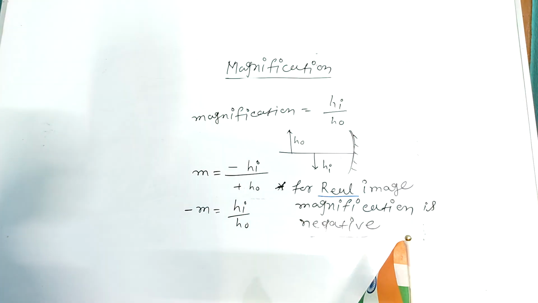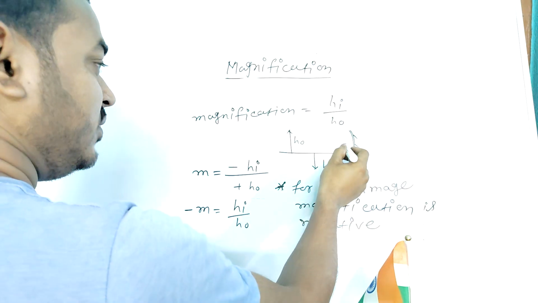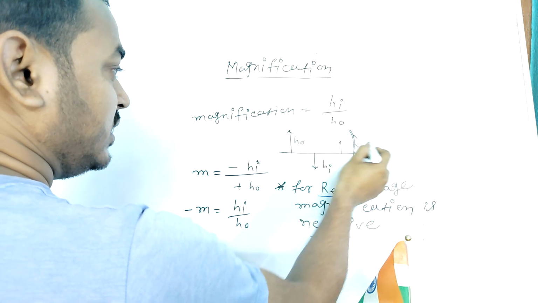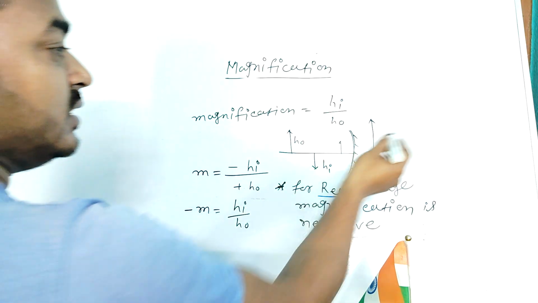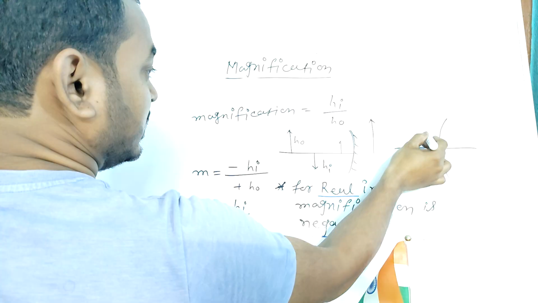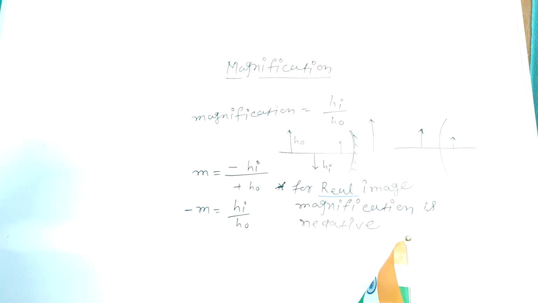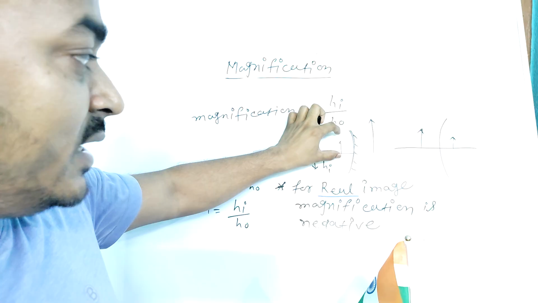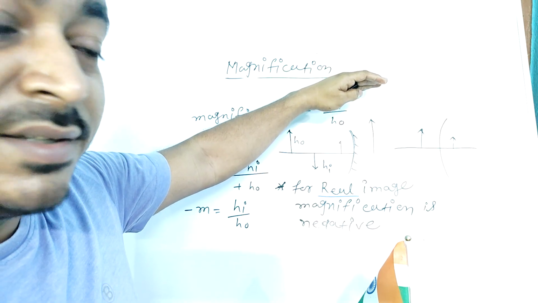Achha, let me discuss the virtual image then. So suppose if we place one object over here, then for a concave mirror I am getting one image over here. Achha, if we discuss the convex mirror, then after placing one object we are getting one image. So see, here the direction: it is above the principal axis, it is also above the principal axis.